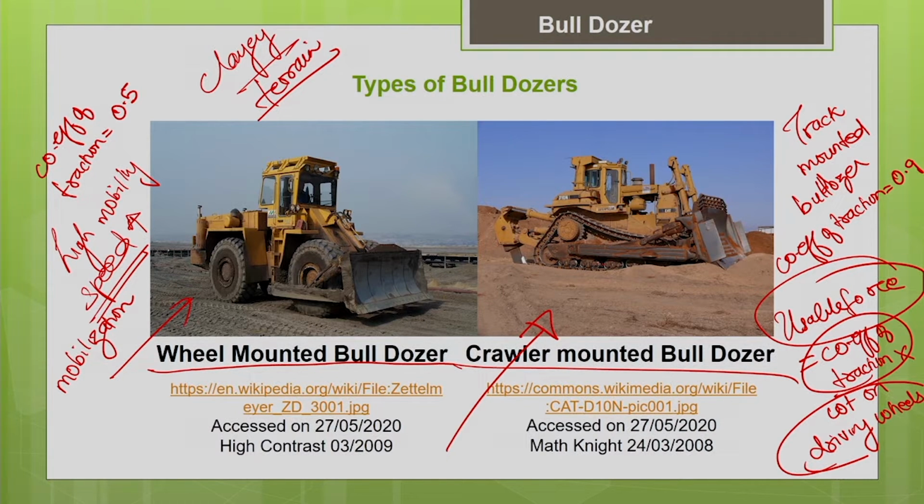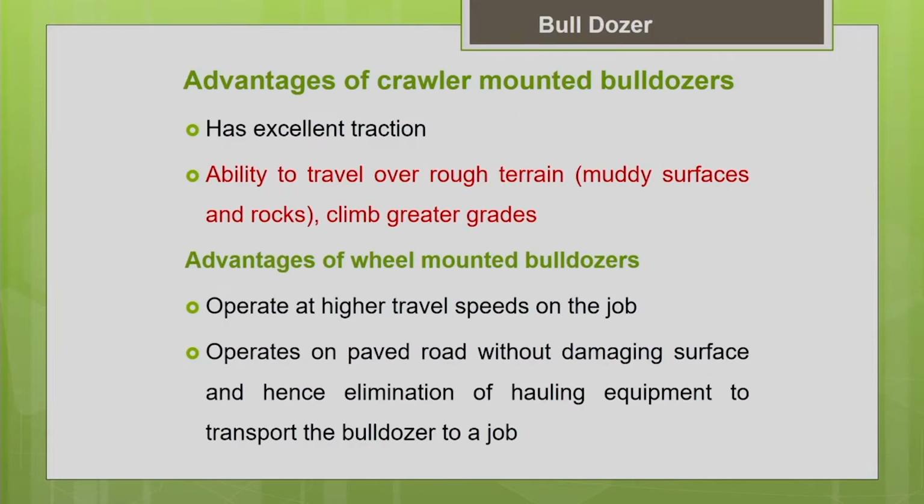And similarly for poor underfoot conditions, as I told you, for clayey terrain, muddy terrain or rocky terrain, because in the rocky terrain you cannot use your tires, that will damage your tires. So you have to go for this crawler mounted. Similarly, if you want to climb a very steep terrain, it will be easier to use a crawler mounted machine when compared to wheel mounted machine on steeper slopes. So all these things you should note when you select your machine.